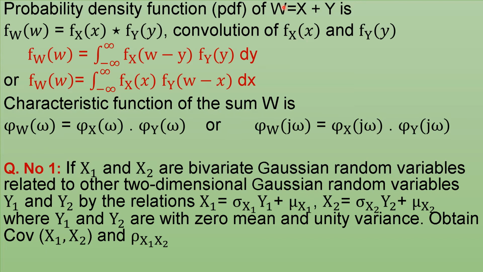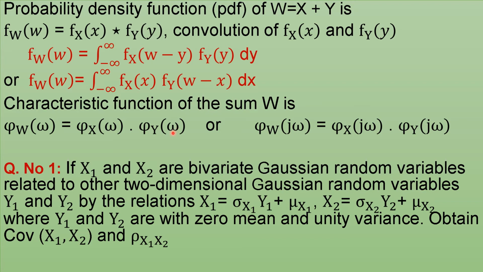So here the characteristic function of this W, where W is the sum of two random variables, is denoted as phi W of omega, or also denoted as phi W of j omega. If we take the notation as phi W of omega, then it will be the product of the characteristic functions of X and Y, phi X of omega into phi Y of omega.